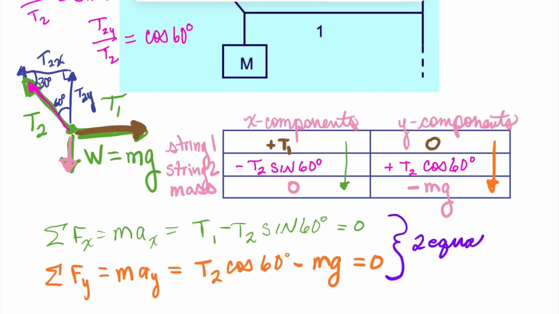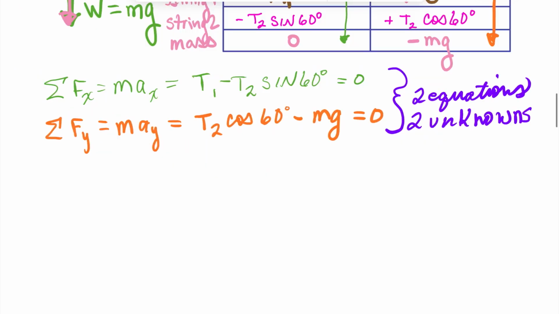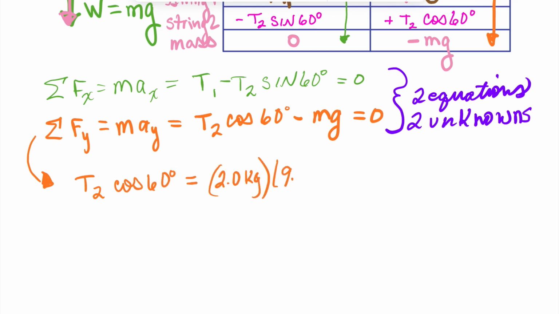Now at this point, I have two equations and I have two unknowns. So this is solvable. From here, it's just algebra. I am going to take the y Newton's second law equation and solve it for T2 first.